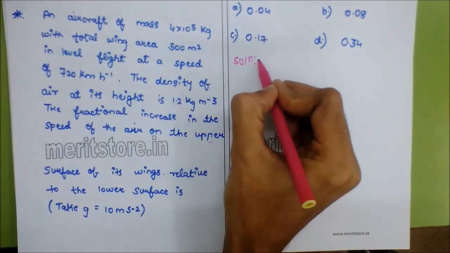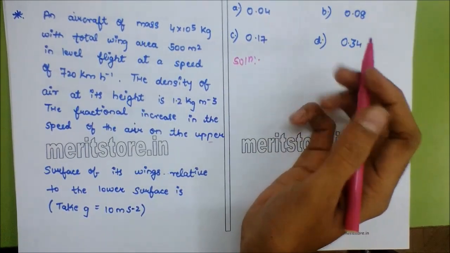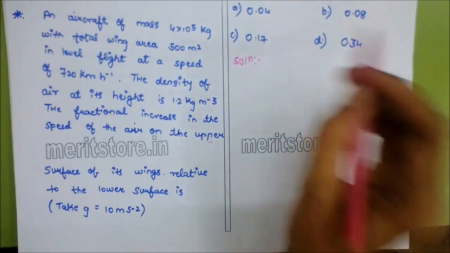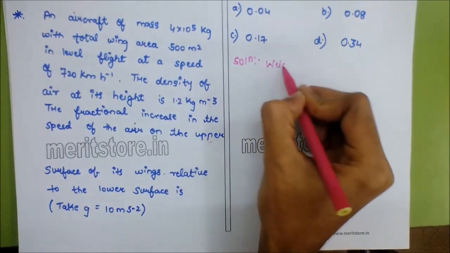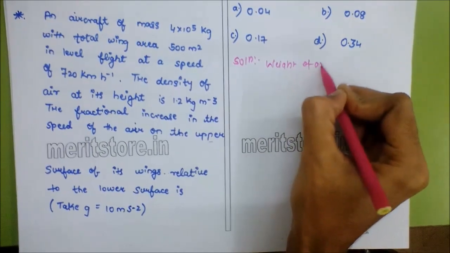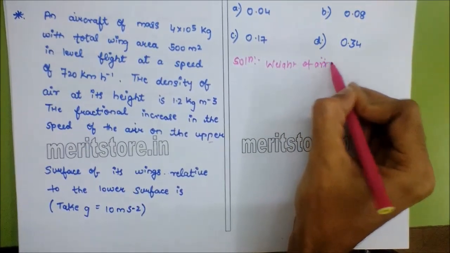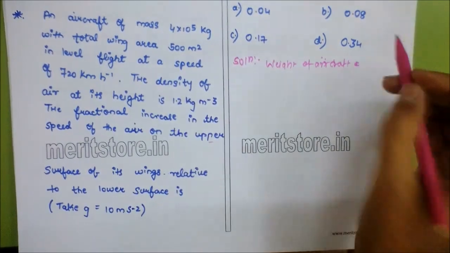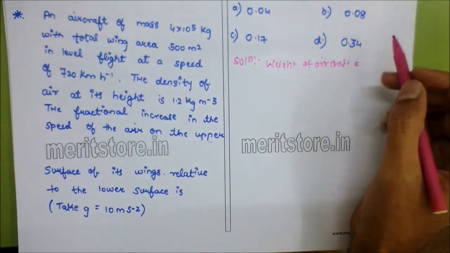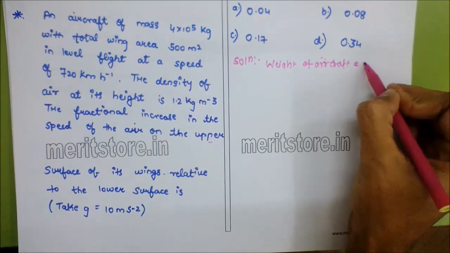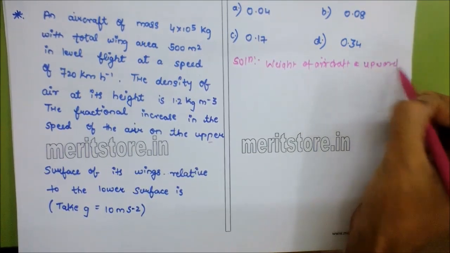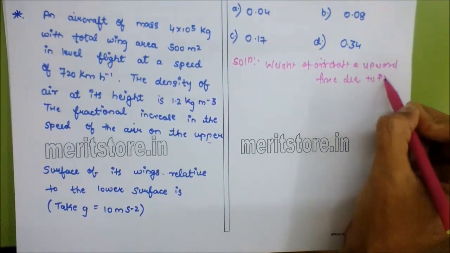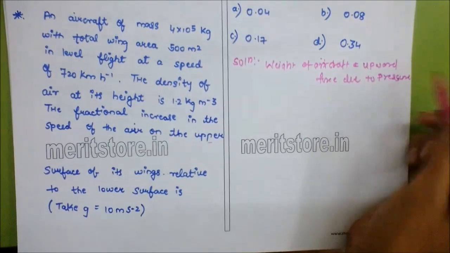So basically first we'll find the pressure difference. Here the total weight of the aircraft is balanced by the upward force due to the pressure, which is the pressure acting on the surface area.